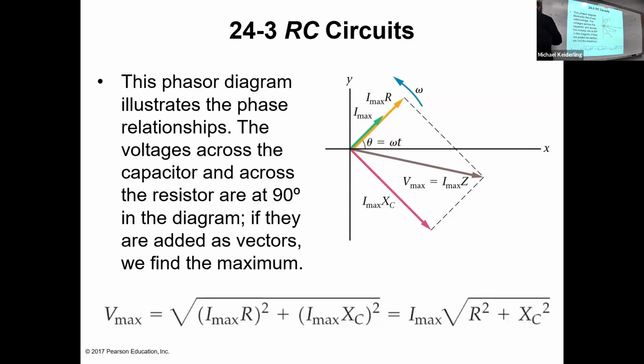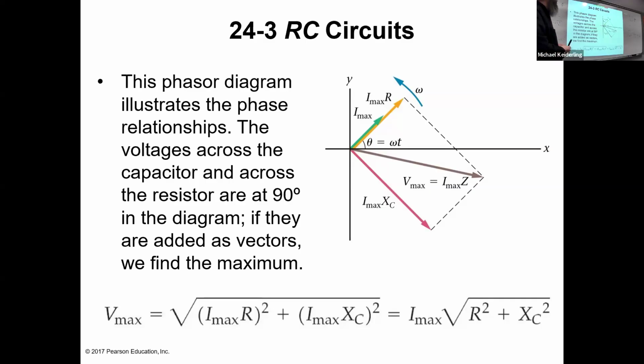And voltage max equals current max times Z. That's what this is called, Z, the impedance. So this is I max times the square root of R squared plus X squared. This is known as the impedance.